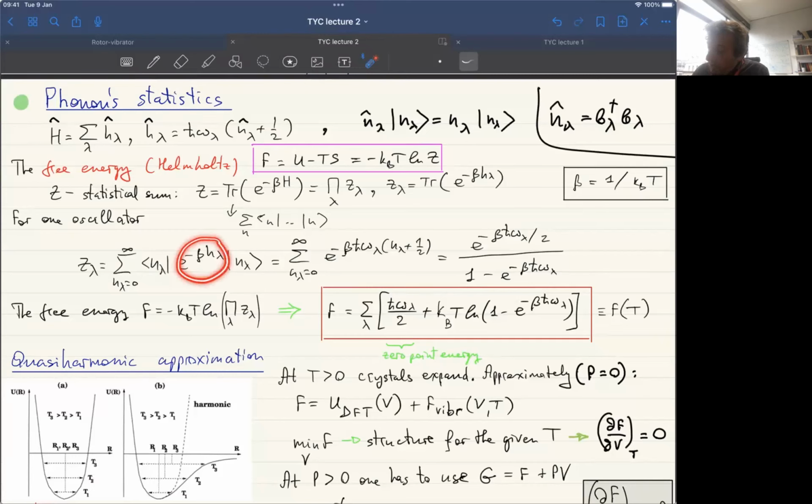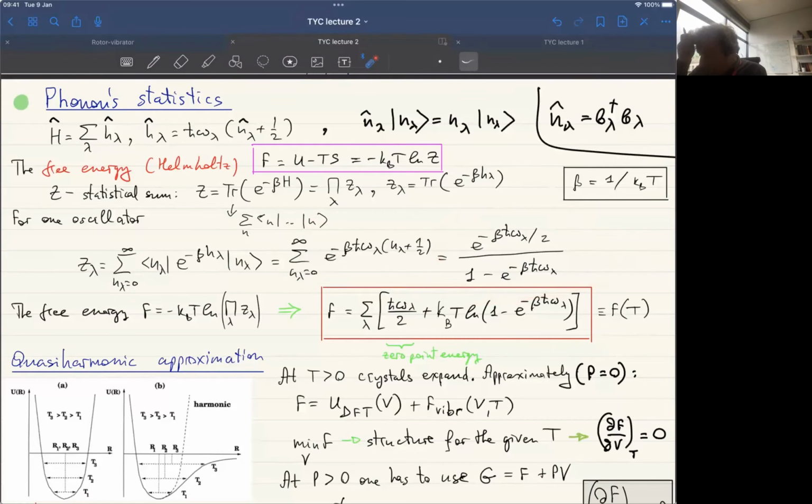When I act with this operator on this wave function corresponding to the occupation number n lambda, what I simply do is replace this operator with its eigenvalue. So basically, I replace this operator n lambda with the value n lambda. So this is what I've done. So that whole matrix element becomes now just this exponential, with n lambda being that summation index. This is the geometrical progression which can be calculated.